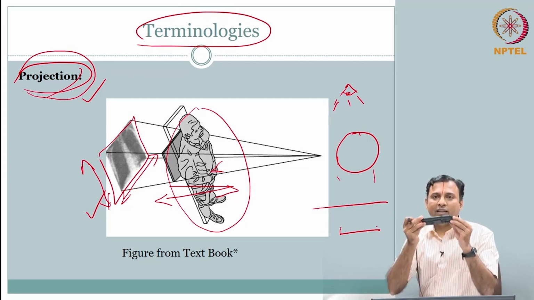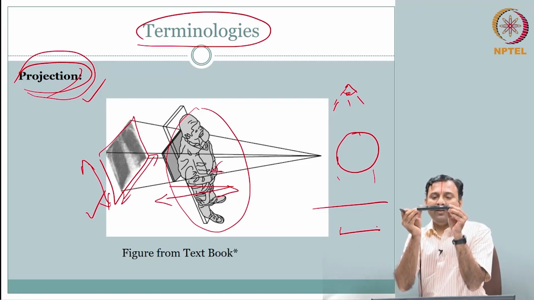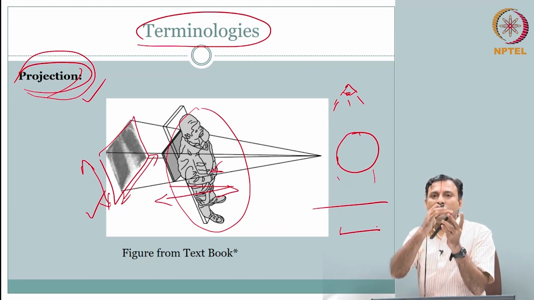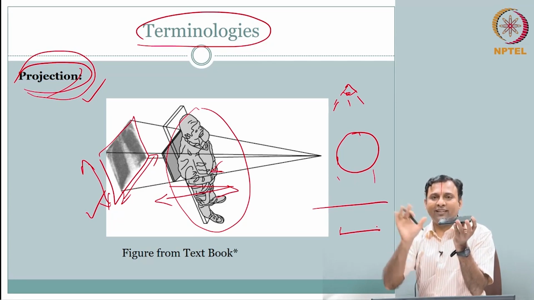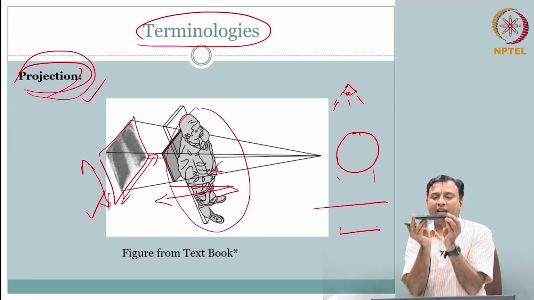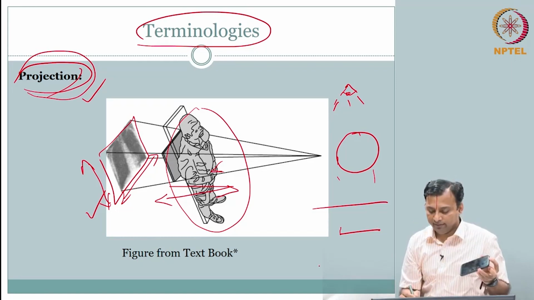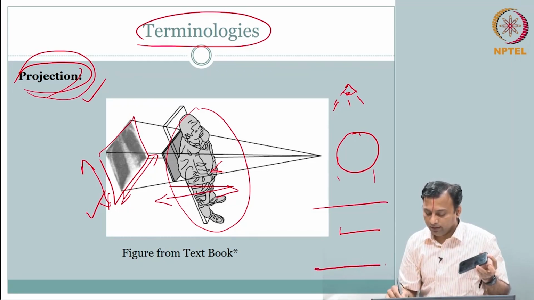So, then what happens? If I look through this 2D object, right, if I look at this direction, it has only two dimensions, this one and this one, there is no thickness, okay. If I have it like this, what is the projection? It is a line, right, it is a line.